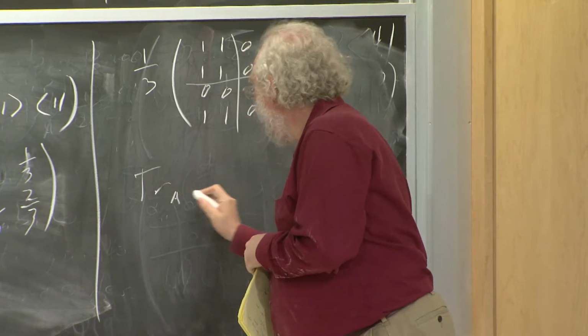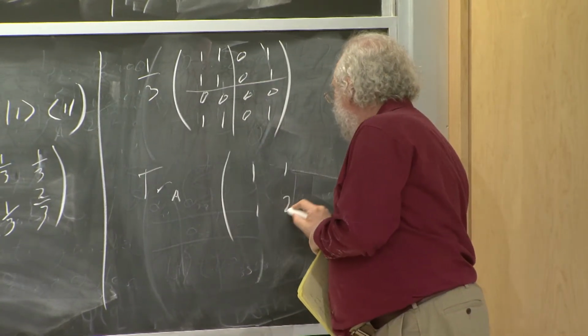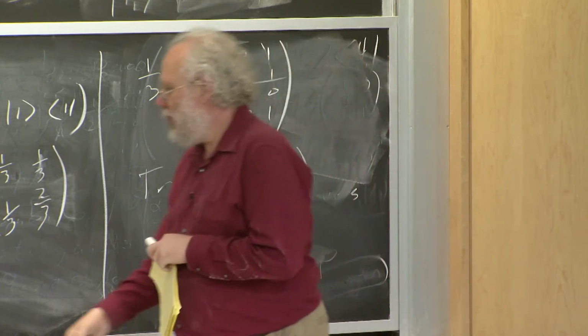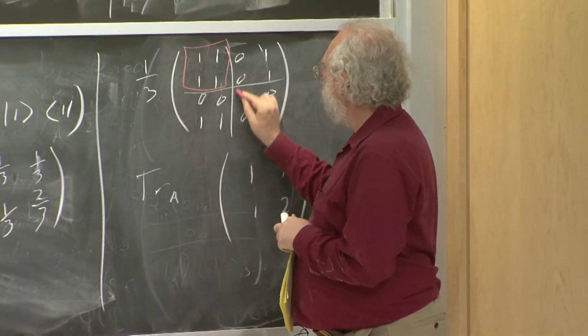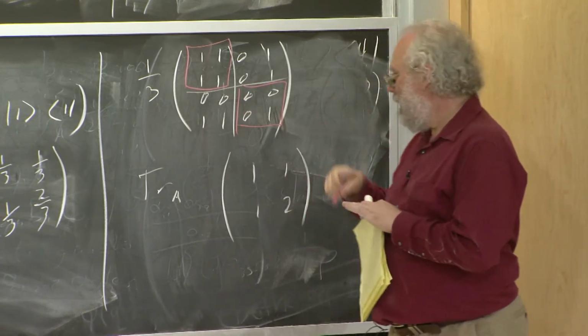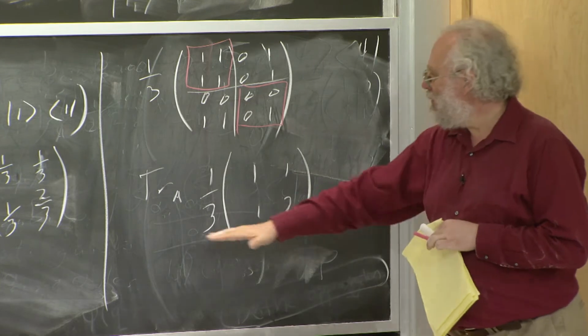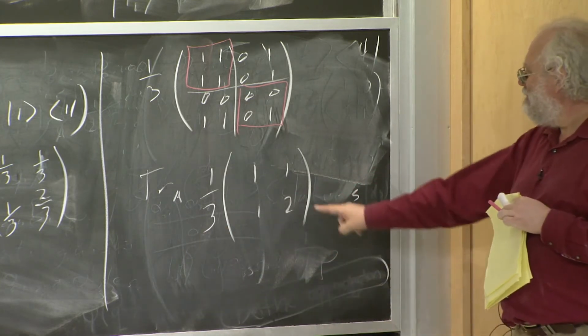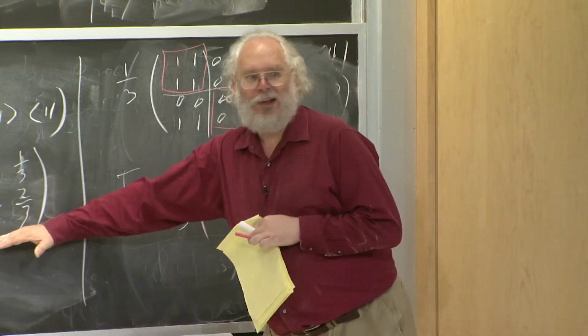Trace A, you get 1, 1, 1, 2. Because what you're doing is you're just adding this matrix and this matrix. And let's put a 1/3 in for normalization. So this is equal to that.